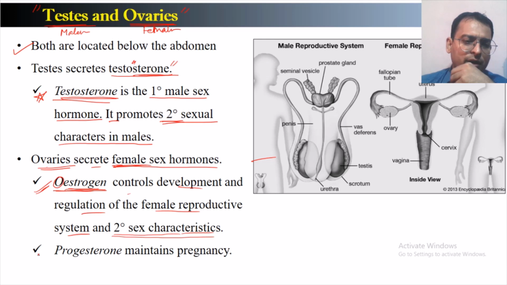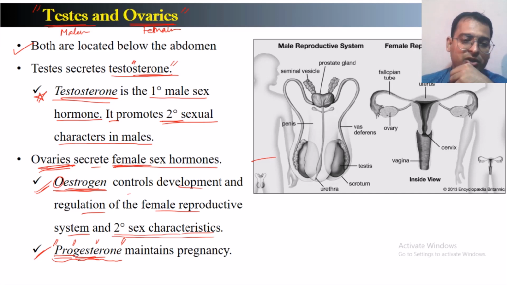The second important female sex hormone produced by the ovaries is progesterone. If you break it down, it comes as pro-gest. Gest means gestation. Gestation is the period of pregnancy during which the embryo is developing.